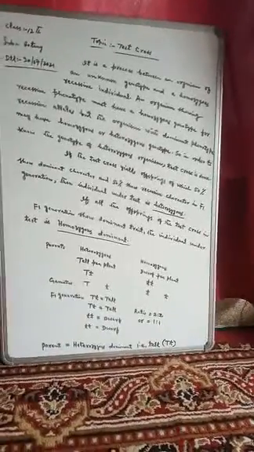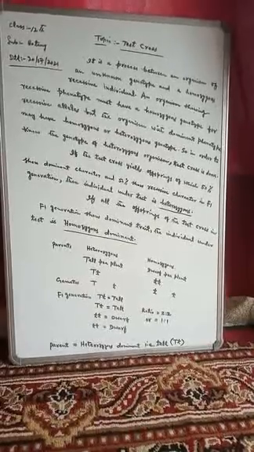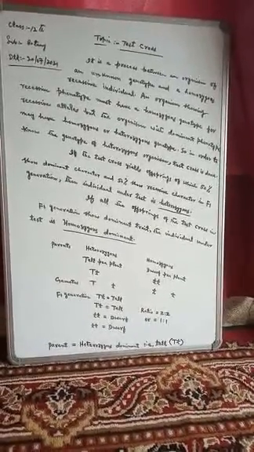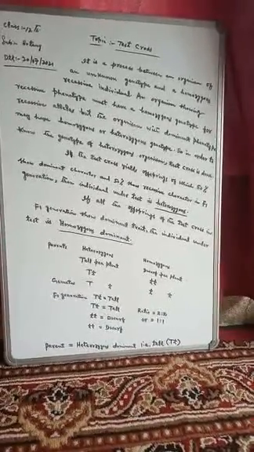Then we can show it like this: the parents are a heterozygous tall plant and a homozygous dwarf plant. The tall plant is shown here as capital T small t, and the homozygous dwarf plant is shown by small t small t.